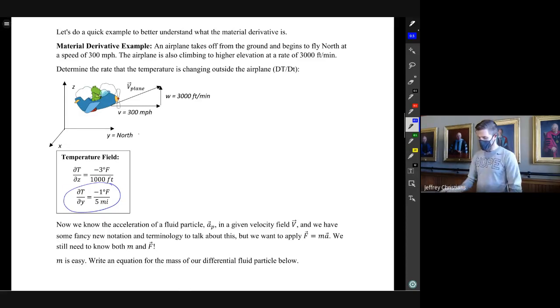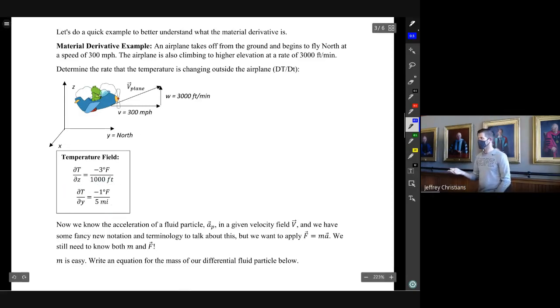The other thing that you know is how the temperature changes as you go up. Every 1,000 feet of elevation gain, the temperature goes down by 3 degrees. So that's telling you how temperature is changing spatially in the world.